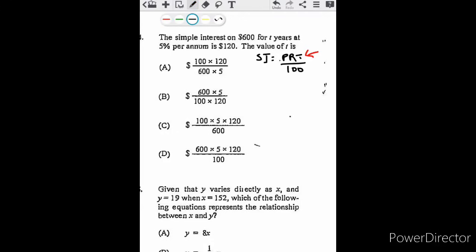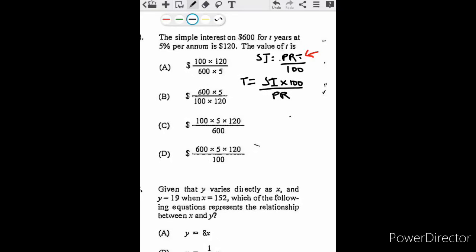And T would equal SI, which is the simple interest, multiplied by 100 because it was dividing earlier. And then that is going to be divided by PR since that was multiplying by T. So we do the opposite. And now we just substitute our values.